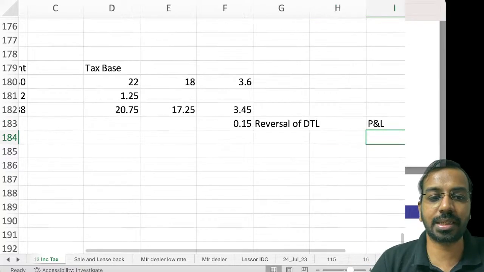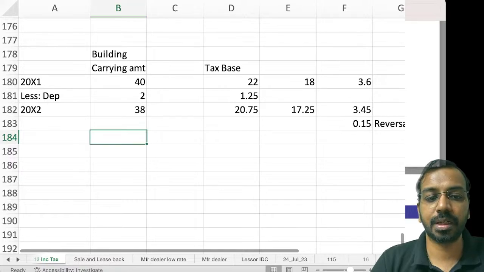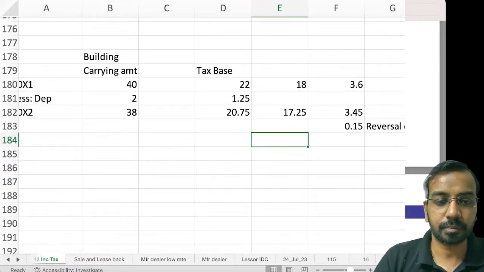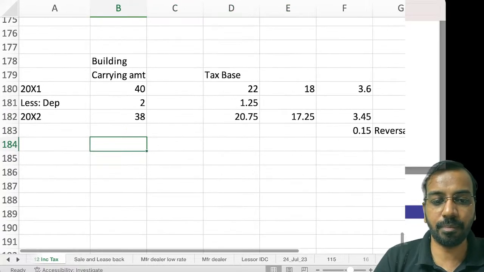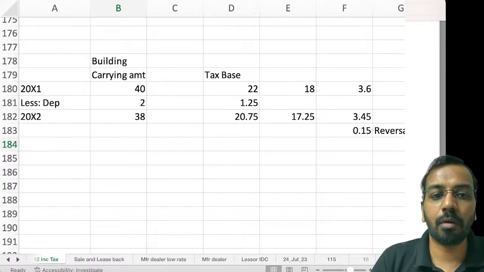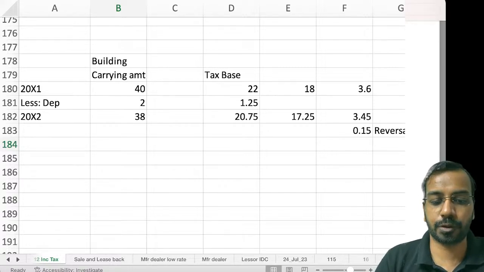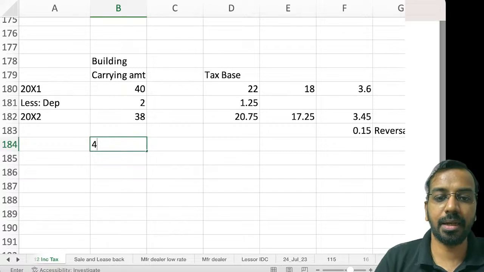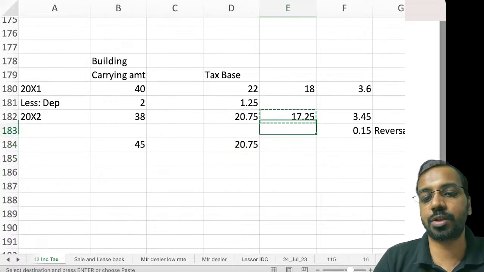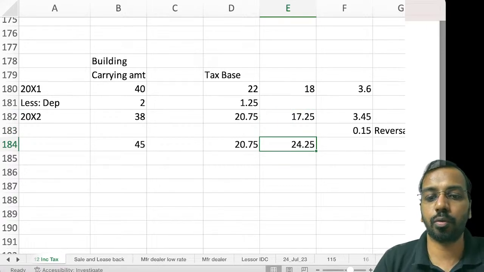So then what is the next thing? After that, what we have to see is carrying amount has become 45 crores and the tax base is 20.75. What is the difference? The difference is 24.25.